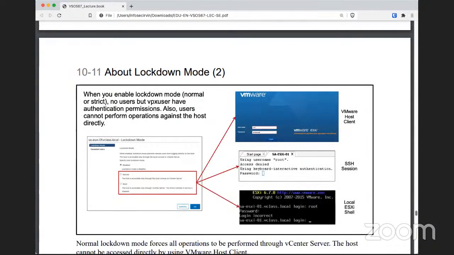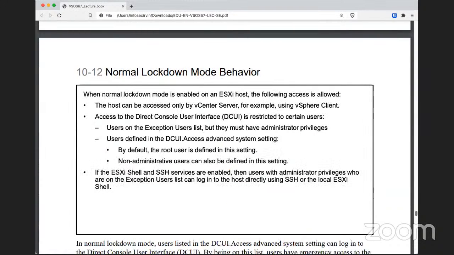In normal or strict, no users but the vpxuser have authentication permissions. You also can't do any operations against the host directly. When normal lockdown mode is enabled, the host can be accessed only by the vCenter Server, like through the client.